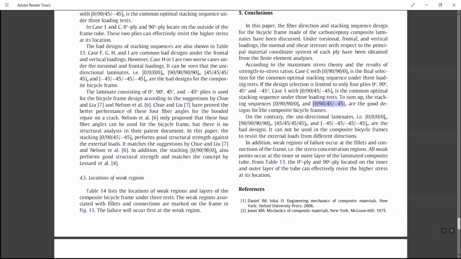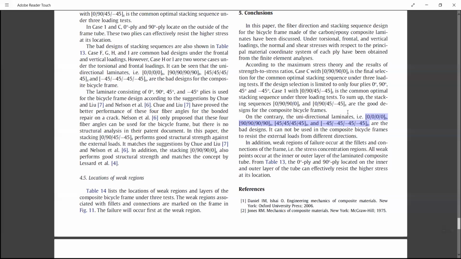These are the good designs for composite bicycle frames. After some analysis, they have arrived at these two fiber orientations and sequences to be good designs, and these are bad designs for the bicycle frame.